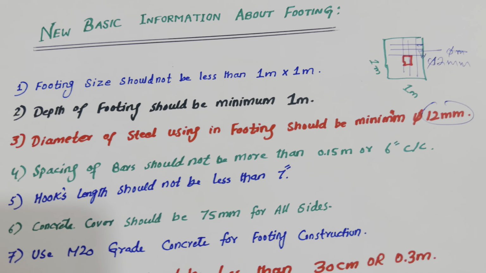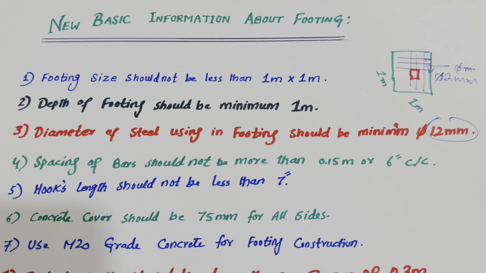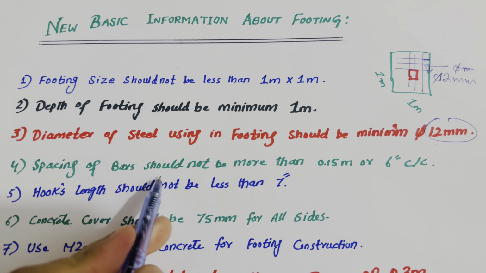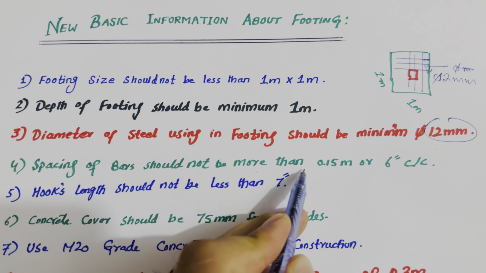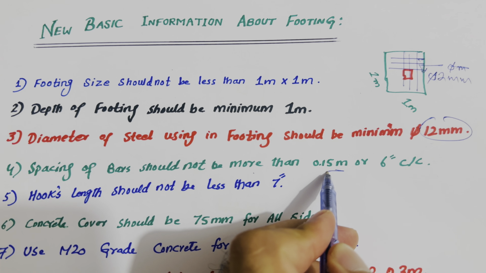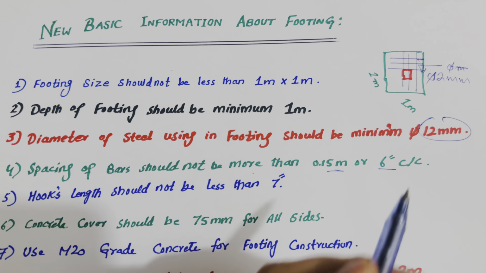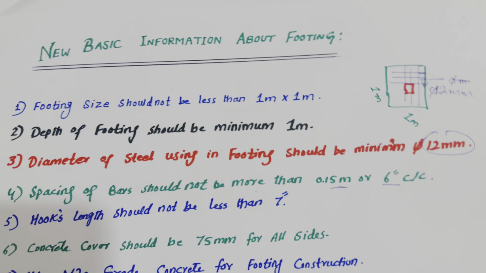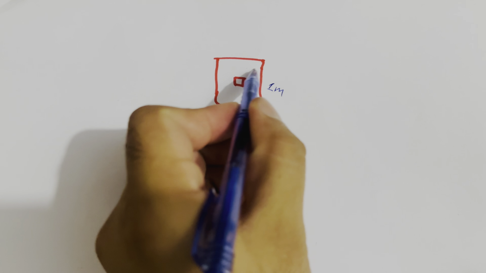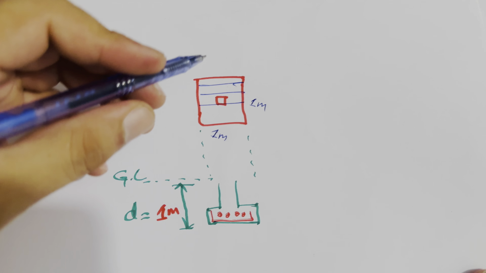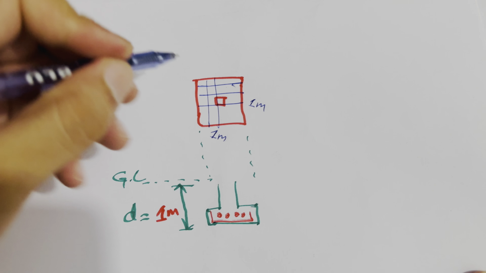Okay, next one, guys, remember for steel reinforcement especially, spacing of bars should not be more than 0.15 meter or 6 inches center to center. If you see, guys, let me make it first. So these are steel reinforcement, main bars and distribution bars.